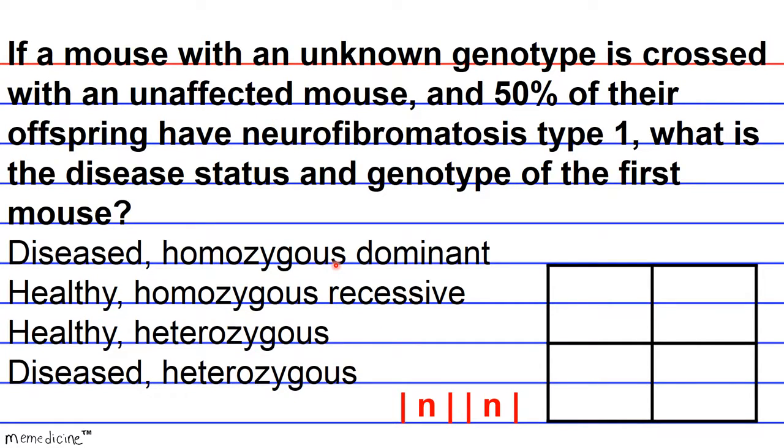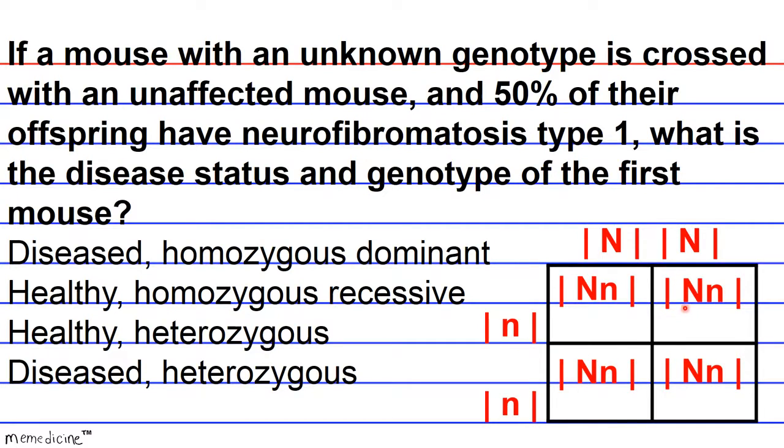So let's examine each option. When the homozygous recessive mouse is crossed with a homozygous dominant mouse, basically 100% of the offspring are diseased. So answer choice A can be eliminated.